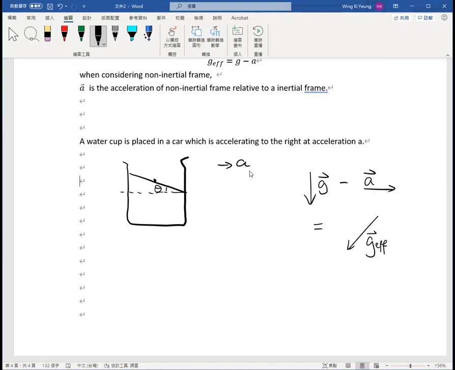If the gravity is not vertical, then the water surface is not vertical either. The water surface will be perpendicular to your effective G. Then you can use this trick to find the angle theta also.